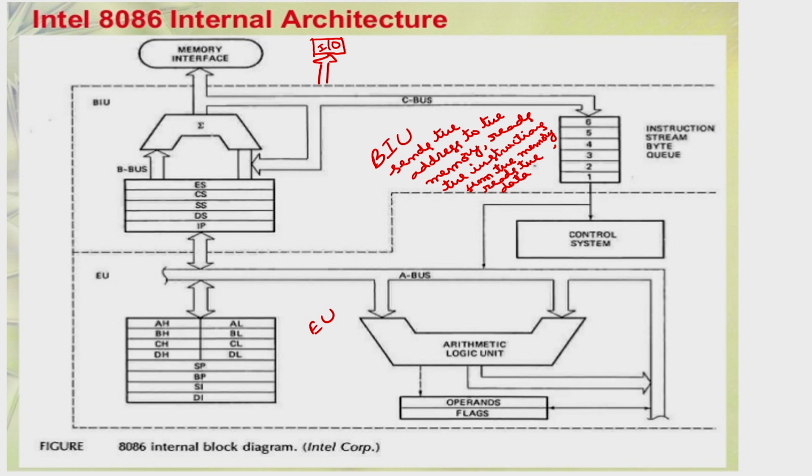Execution as the name implies takes place in the execute unit. After the execution the results will be sent back to either memory or IO. So these are the various operations in the bus interface unit.